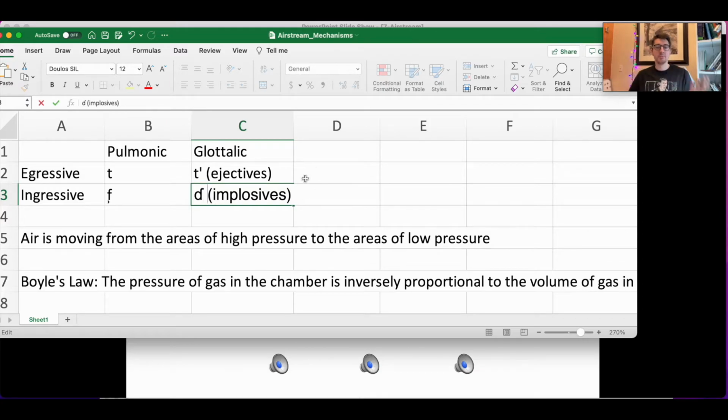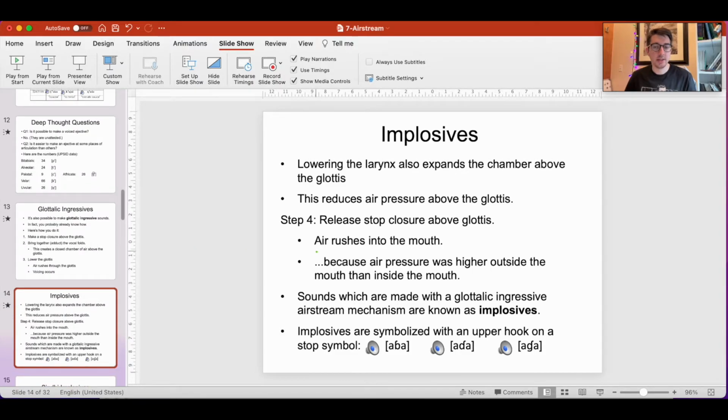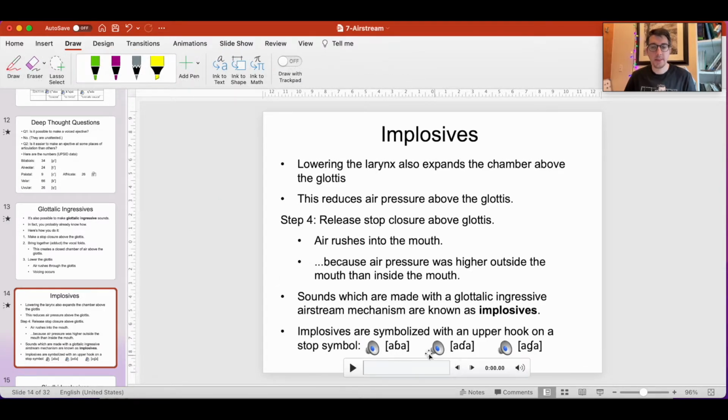So this would be an implosive, right? The thing about these, and I'm going to draw again. Okay, let's first listen to those. So implosives are symbolized with an upper hook on a stop symbol. So you have a stop symbol and an upper hook, right?